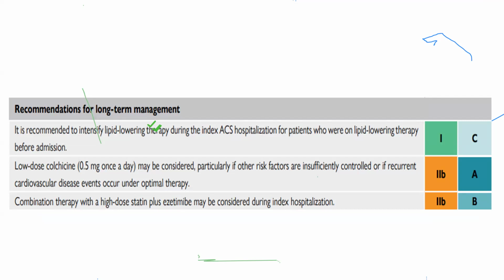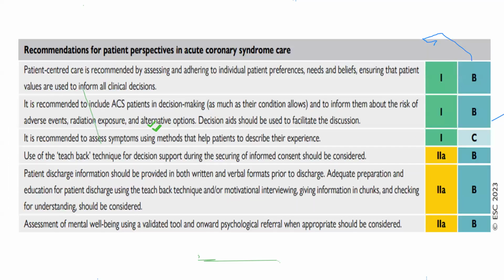And combination therapy with high-dose statin plus ezetimibe may be considered on the index hospitalization. That's a 2B. You may have a patient who has an LDL of probably 5 or 6, and you know that you are unlikely to achieve the 50% reduction in 3 months. You may combine it with ezetimibe ab initio to help achieve that target of 50% reduction in 4 to 12 weeks.